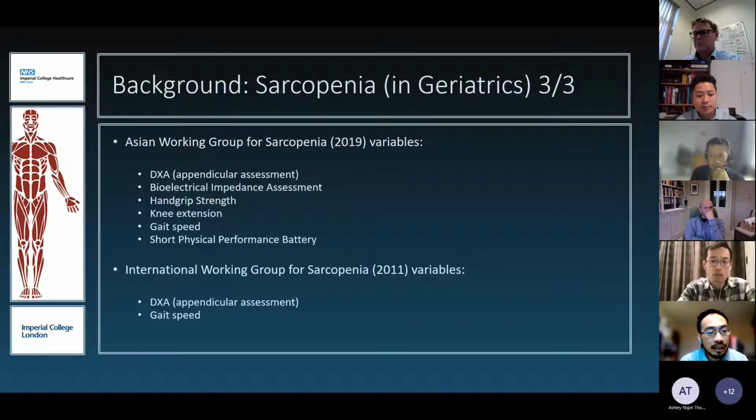Again, there's a lack of CT scans and a lack of MRI scans, which we as oncologists are used to performing on a regular basis. The international working group's criteria are a little more outdated, but again echo what the other two groups have said.